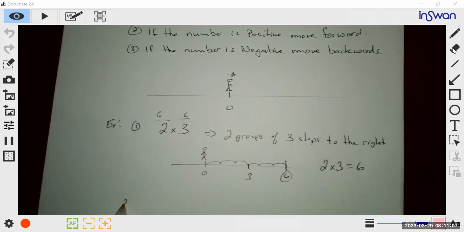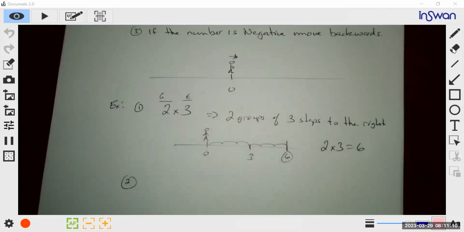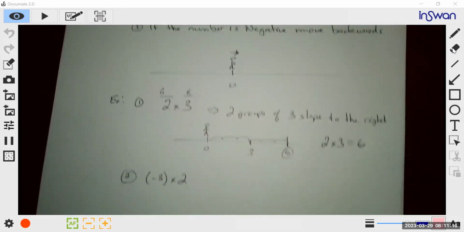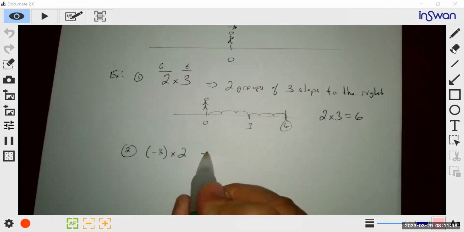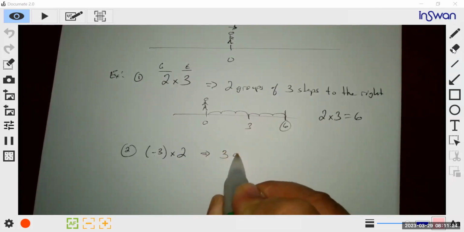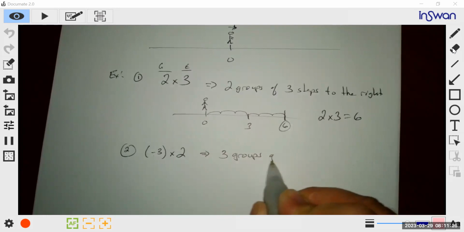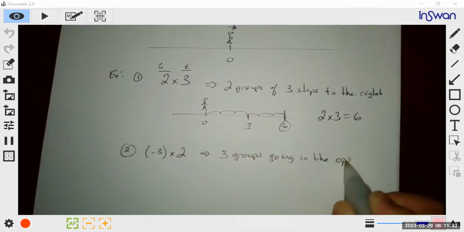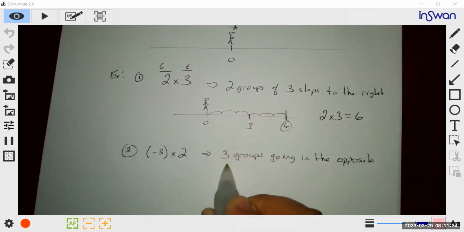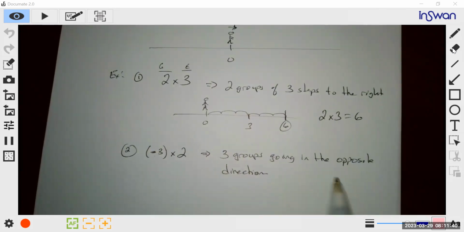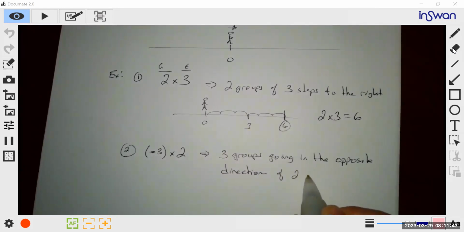All right, let's look at another example. -3 times 2. Well, this says we have 3 groups going in the opposite direction, because it's negative, of 2 steps each.